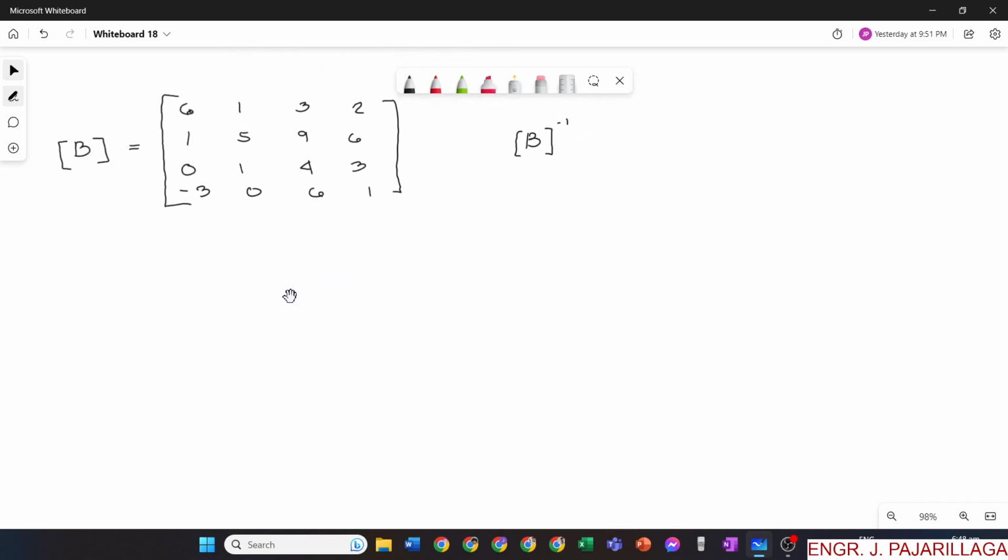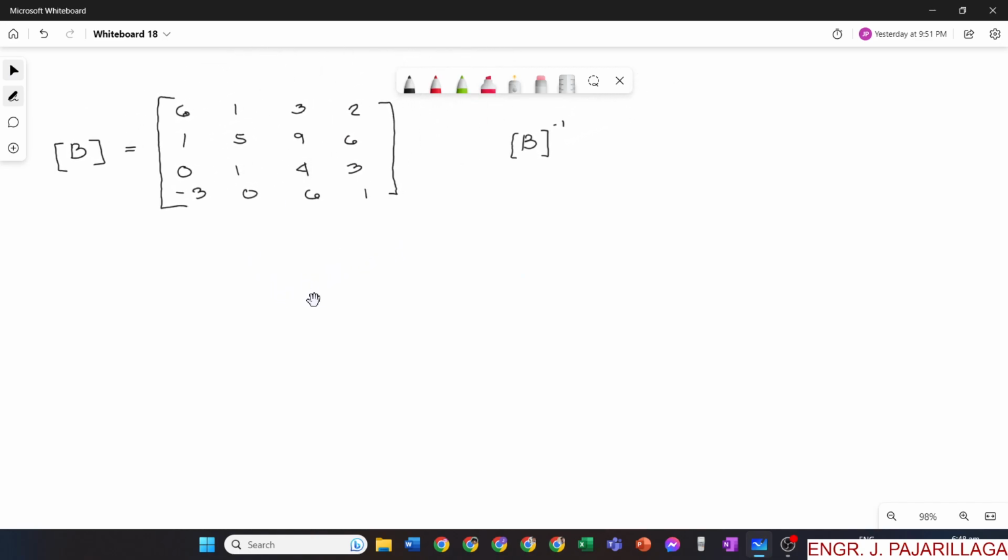So, kung titingnan natin ito, this time, itong ating matrix. As you can see, our goal for this matrix, number 1, is to augment.